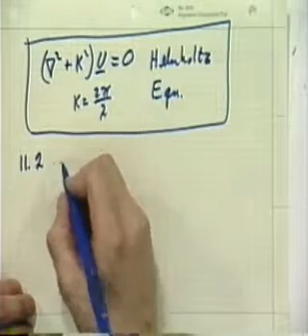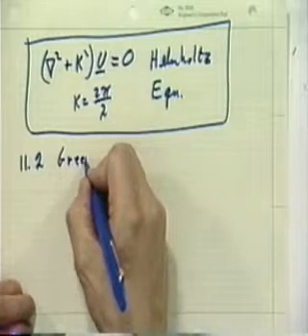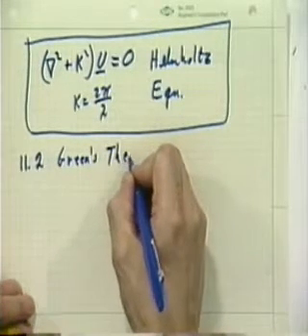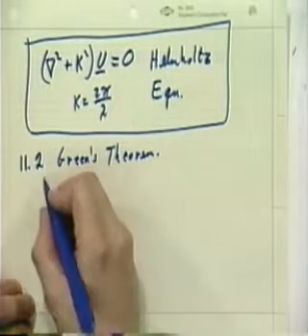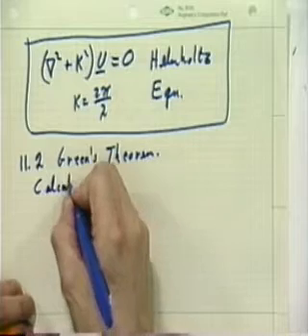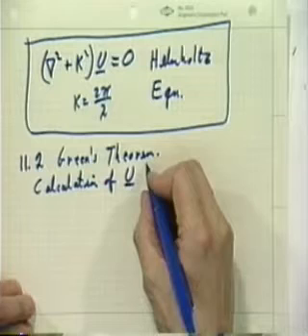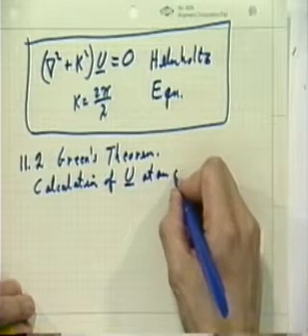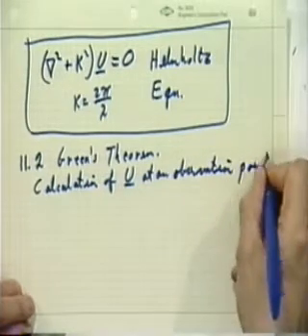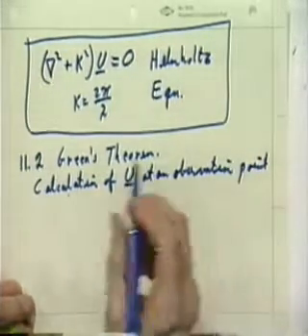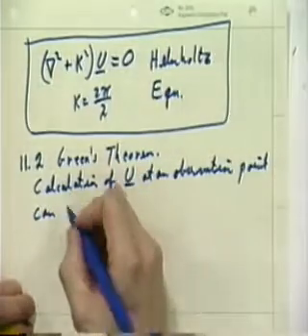And what we're going to do here is to use Green's theorem. And really what we're going to find out is that the calculation of this quantity u that we're trying to find at an observation point, P, whatever, can be accomplished by use of the Green's theorem.